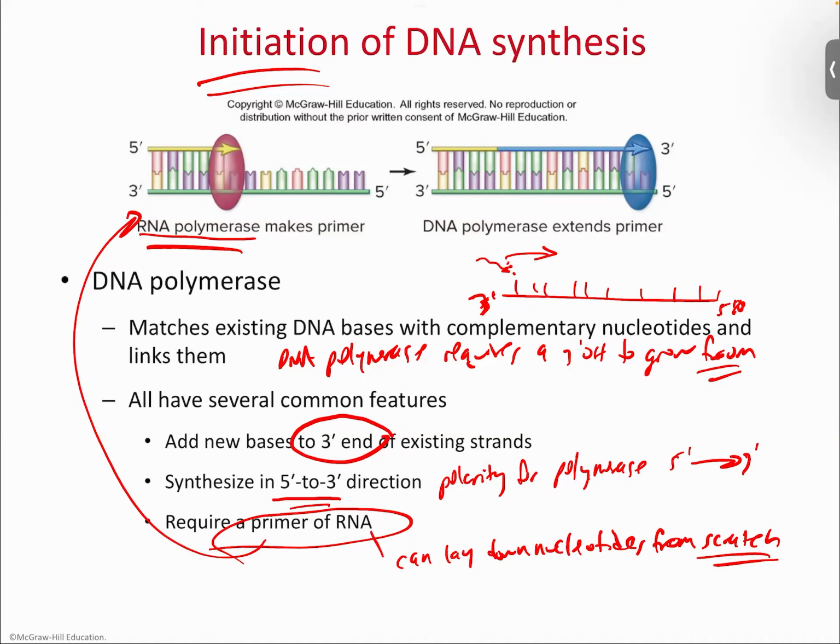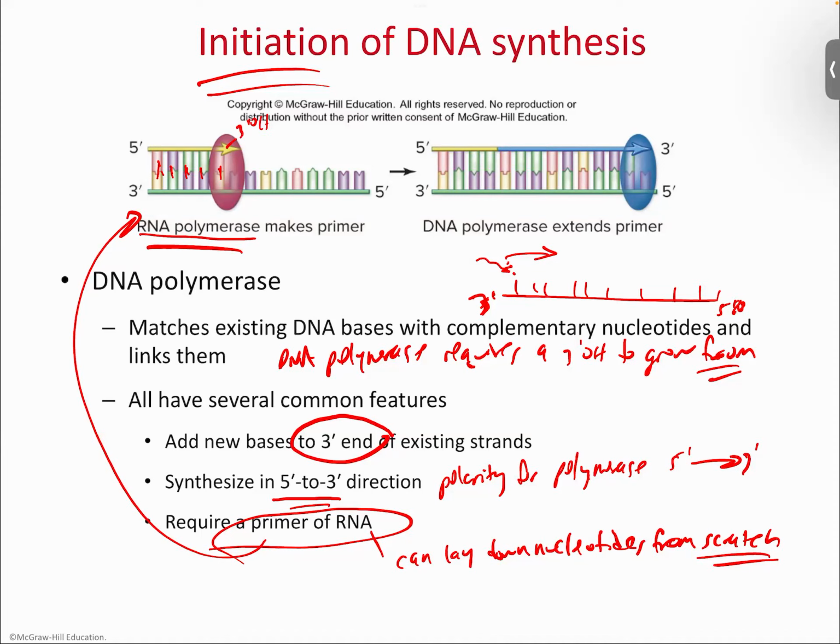But all a primer is, is just a little short stretch of sequence. That's all it is. That's complementary to your region. Like for instance, this is just 1, 2, 3, 4, 5 little pieces there that are complementary to that little stretch of DNA. And all it does is just basically make that little RNA stretch right there. But what it does is it creates a 3' OH. Guess what?